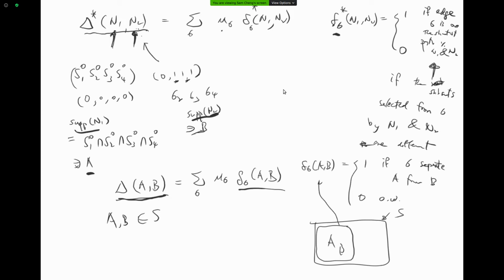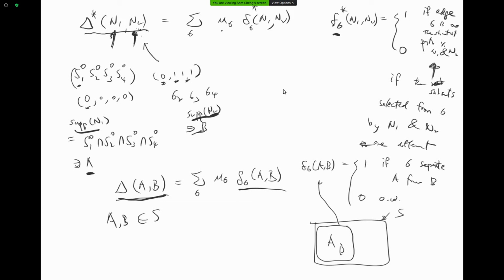And similarly, if M1 and M2 are the same for a particular sigma, for example for sigma 1 here, where both of them belong to S1 0, then for an element in M1 and an element in M2 there will be no transition.